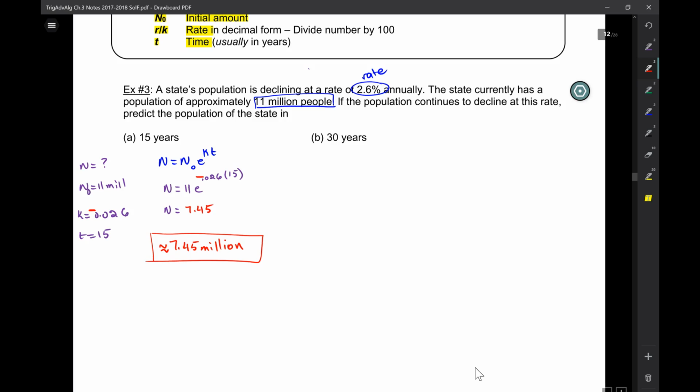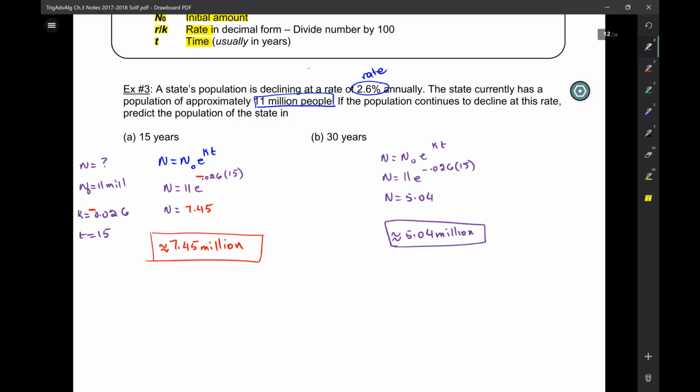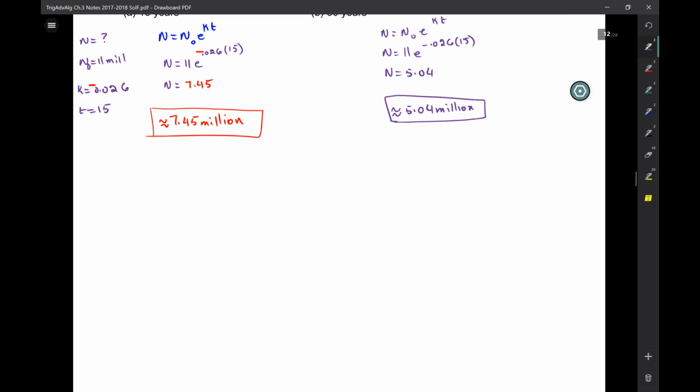Approximately. Good. So go ahead and do the one for 30 years, and I'll stop this and we'll come back in 2 minutes. When we look at the 30 years, we're going to have about 5.04 million people. Okay? Fabulous. Questions? Okay. Moving on.